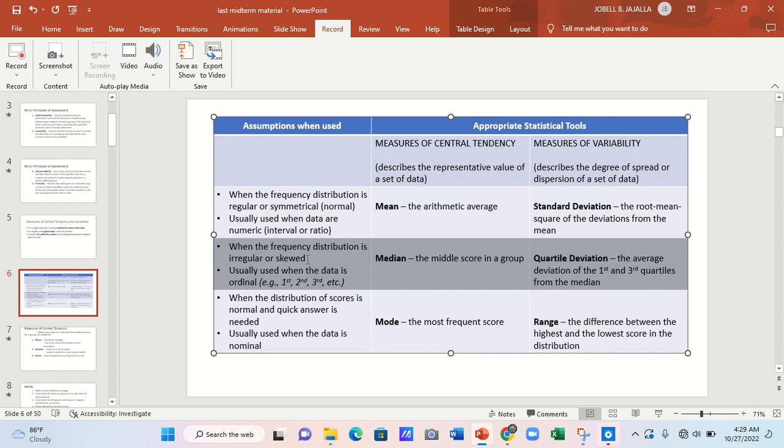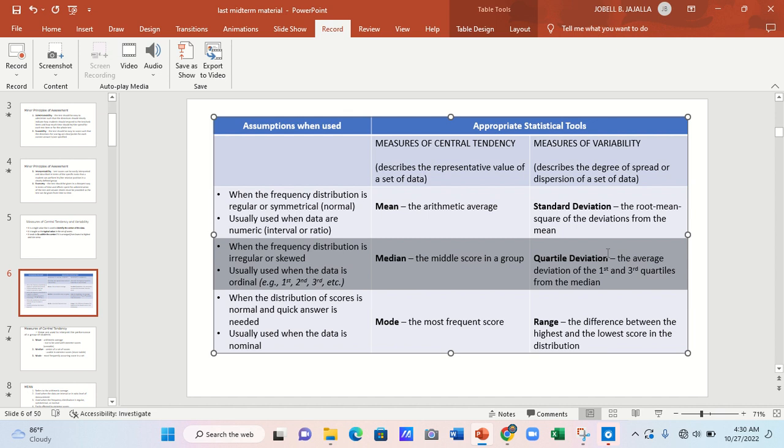Okay, so if the values are ranked first, second, third, the appropriate measure for central tendency is the median, or the middle score in a group. That is the middle score in that group of scores. So remember these assumptions, which is the appropriate measure of central tendency and measure of variability for each.